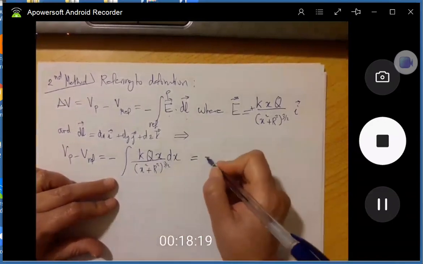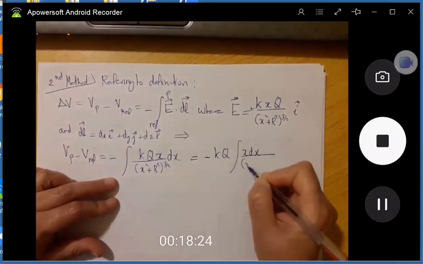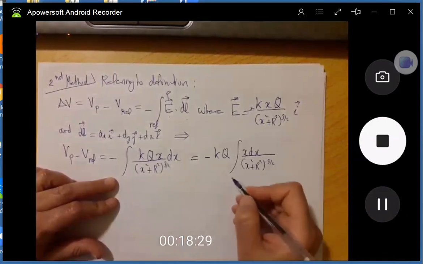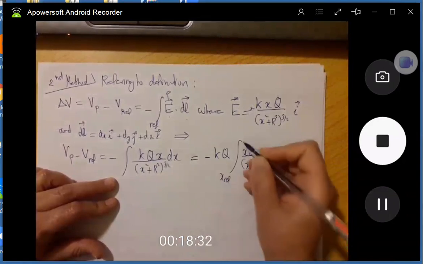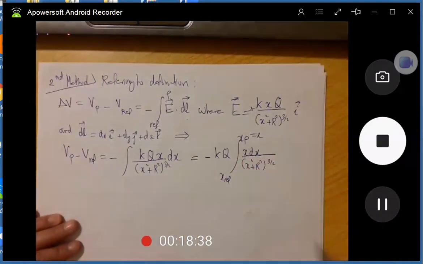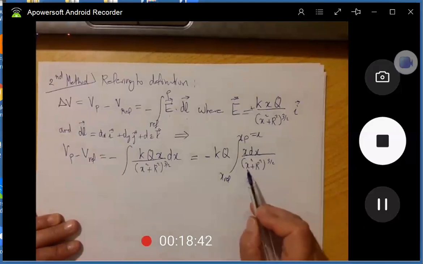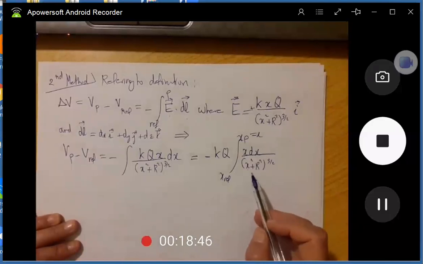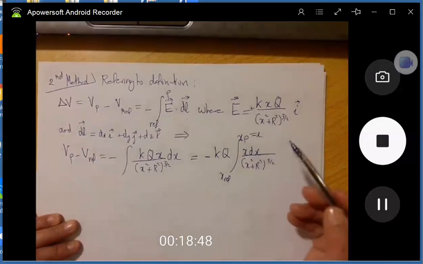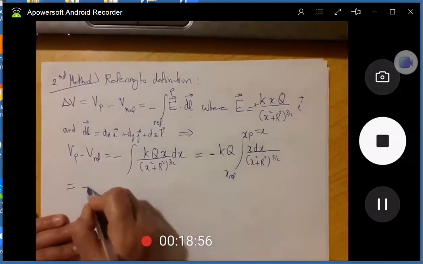So it's minus kQ outside the integral of x dx over x squared plus r squared to the power 3 over 2, from x reference up to x of P. For this integral we know to let u equal x squared plus r squared, then du is 2x dx, so x dx is du over 2. We worked this out in detail, so we won't repeat it.